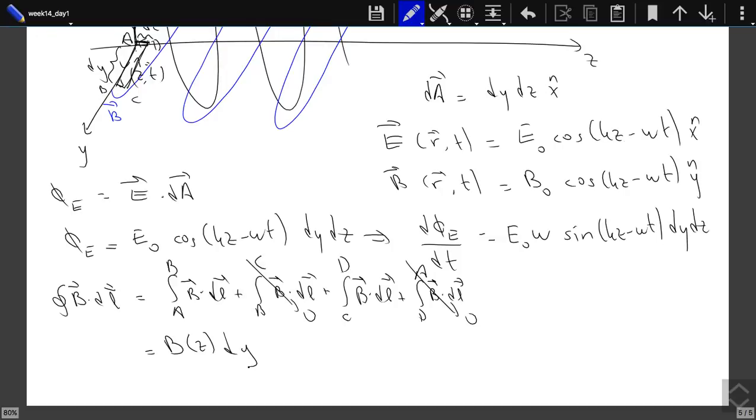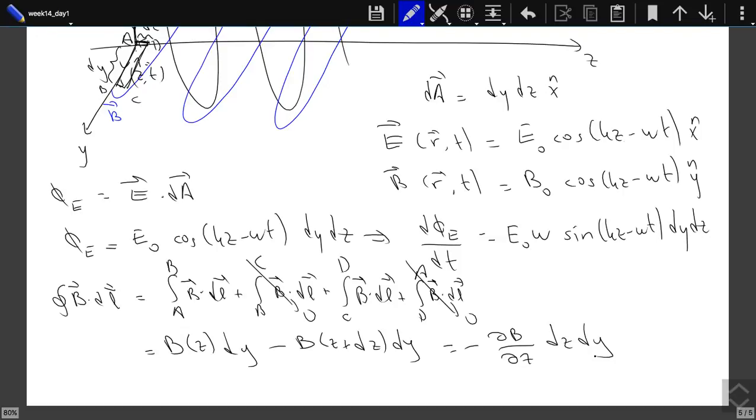Now I have the contribution from C to D. From C to D, my loop is moving in that direction. The magnetic field is pointing in this direction. They are pointing in opposite directions, so there is a minus sign. And now the magnetic field is at the point z plus dz. This is equal to minus the derivative of the magnetic field with respect to z times dz dy.